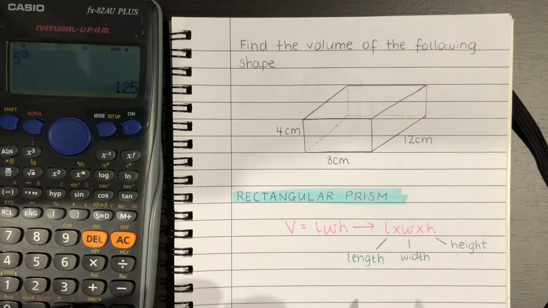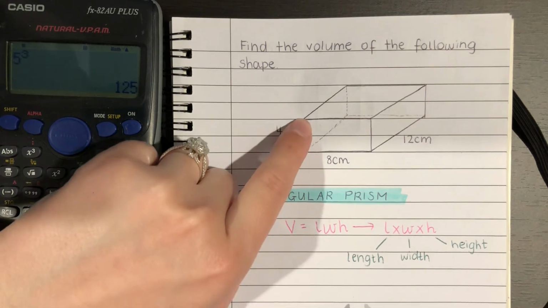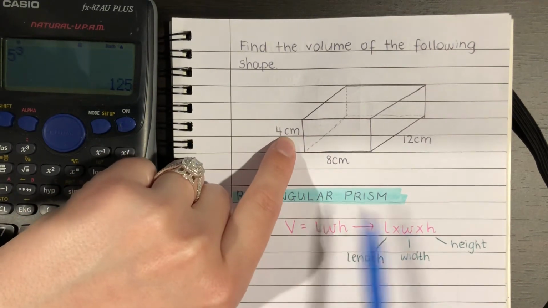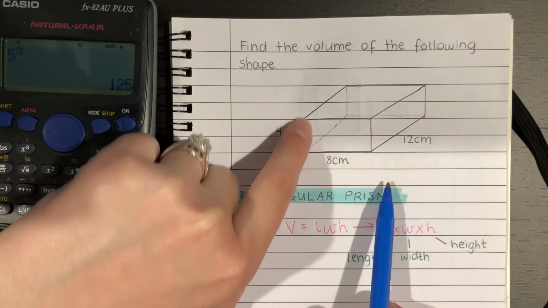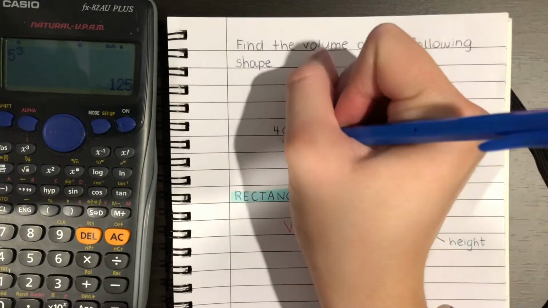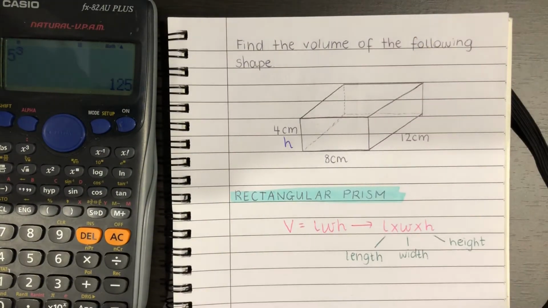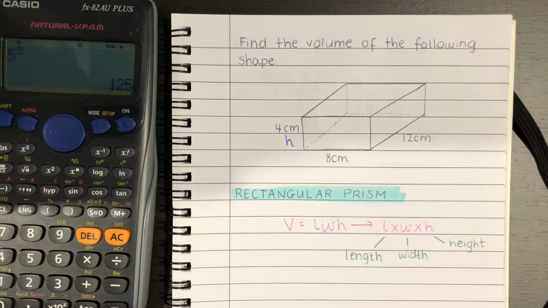So start off with the easiest one, the height. Well, the height is 4 centimeters because that's how tall or how high this prism is. So I'll write H next to the 4. And then we've got our length and our width.